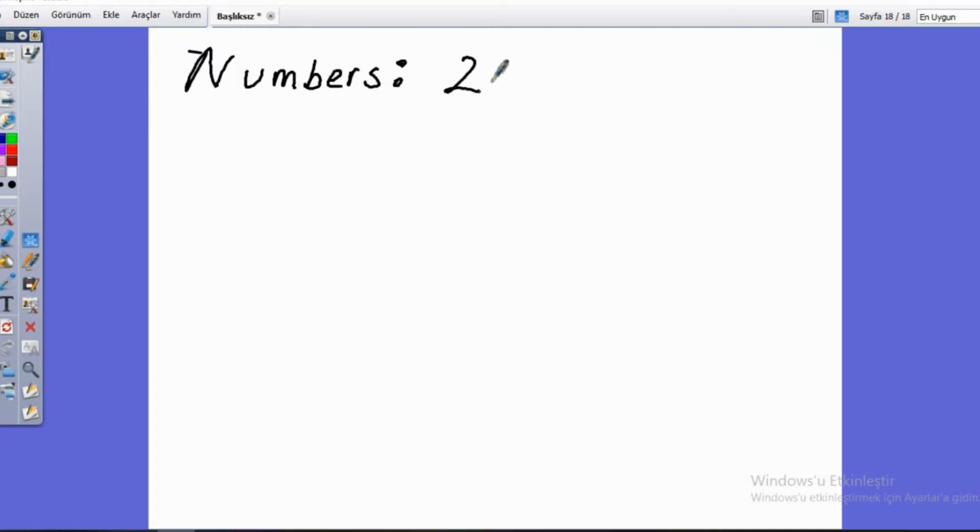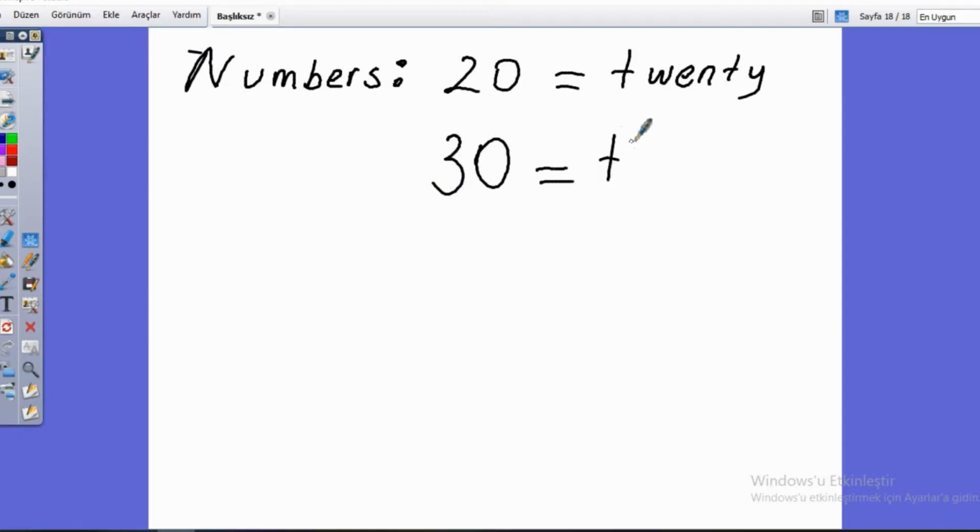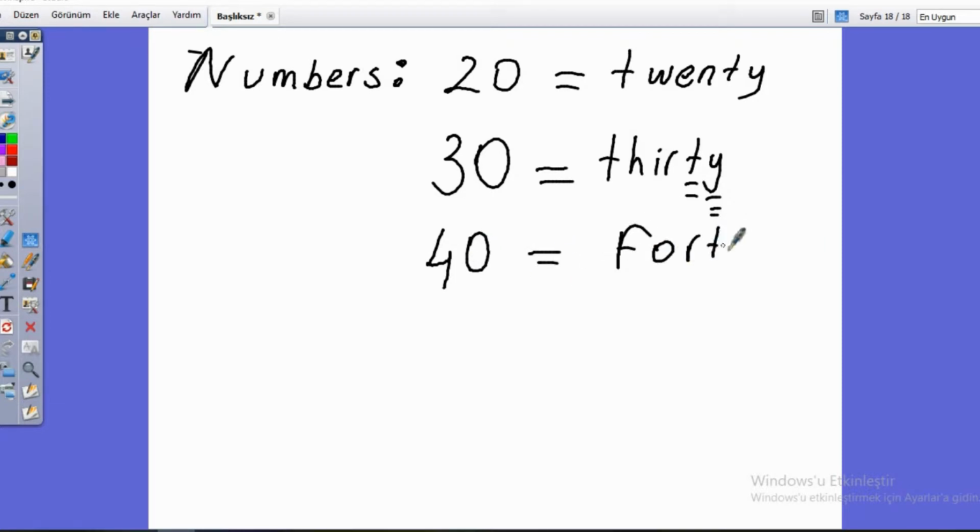The first number is 20. The next number is 30. These numbers end with T and Y. The next one is 40. Again, ends with T and Y. Not 15, 50.